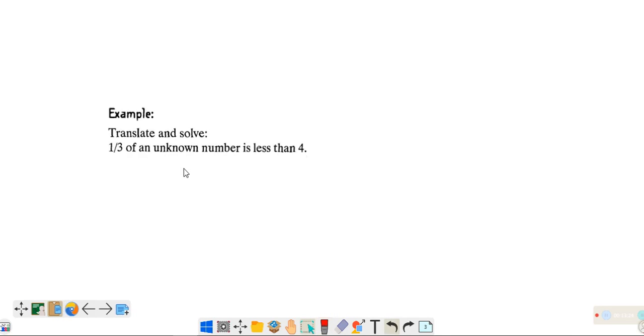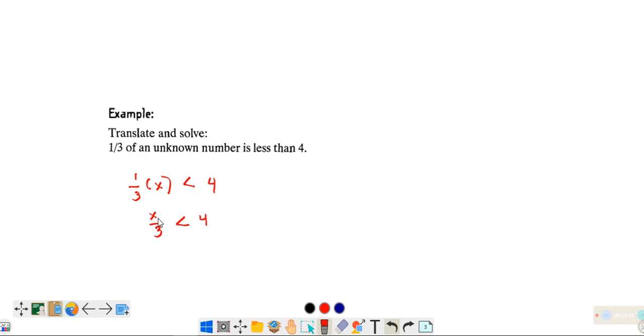We have 1/3 of an unknown number. The unknown number is x. You can use any variable, it's okay. Is less than 4. We have 1/3 times x is x over 3 less than 4.